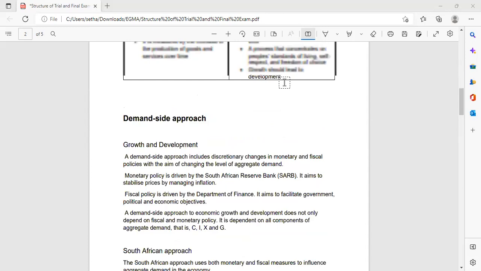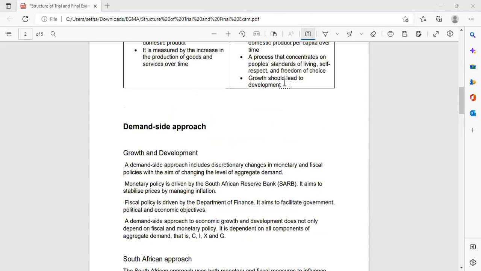So there are 2 approaches, which are the demand side approach and the supply side approach. The demand side approach includes changes in monetary and fiscal policies with the aim of changing aggregate demand.